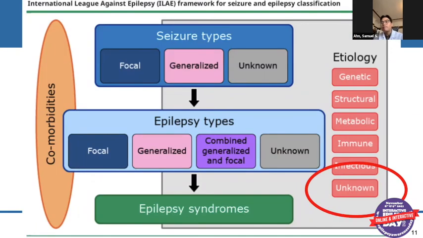I didn't have a chance to talk much about the infectious etiologies. I might have forgotten the slide here, but infections leading to seizure disorders may be the most common cause of epilepsy worldwide. A number of different infections may result in a seizure disorder.